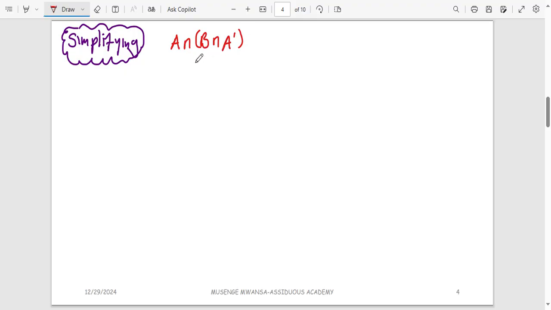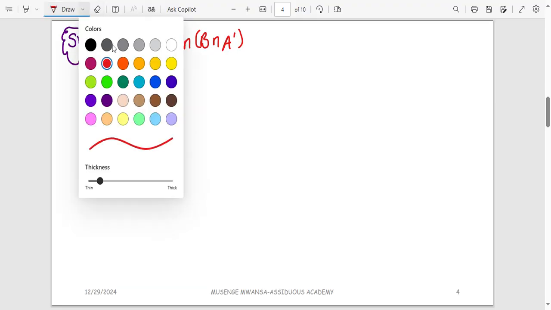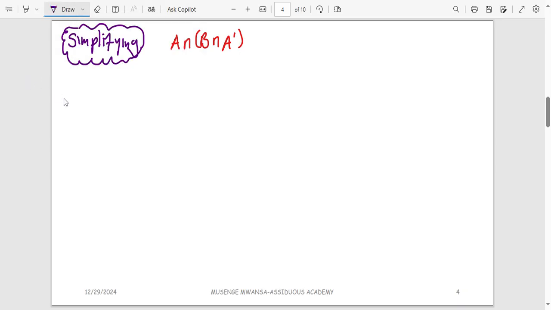When you are simplifying a set, what you are trying to do is find the simplest form. In the simplest form, you shouldn't have the same letter two times. Never have the same letter two times.